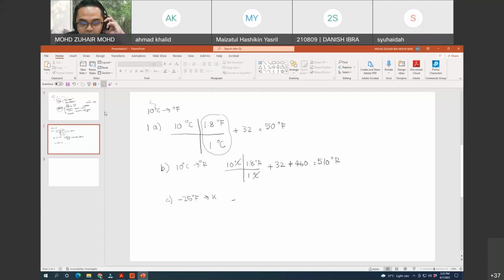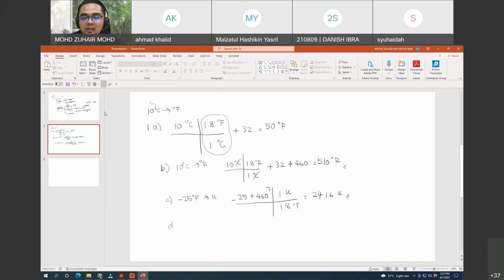But at the same time, you can also do the direct conversion by changing the Fahrenheit to Rankine and then do the conversion. Okay, so I'm just going to do plus 460. This is degree Fahrenheit. This is Kelvin. Kelvin is 1. And then the answer will be 241.6 Kelvin.